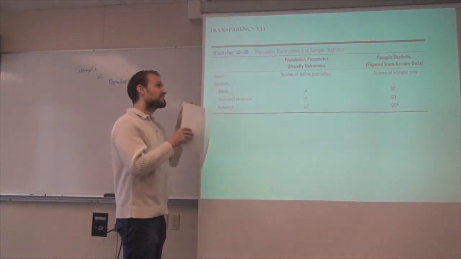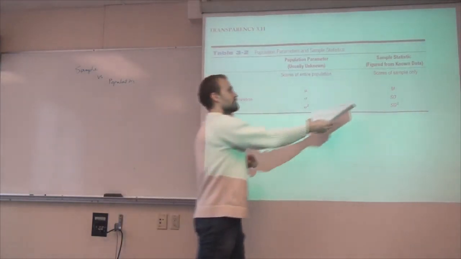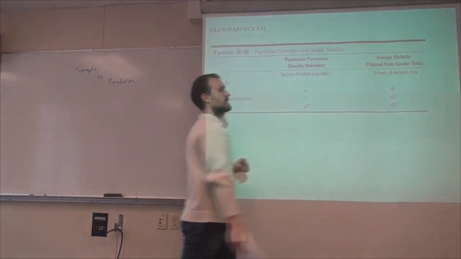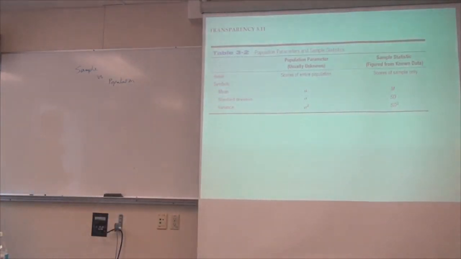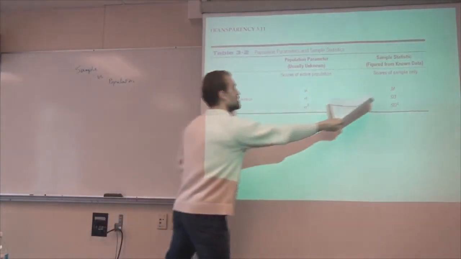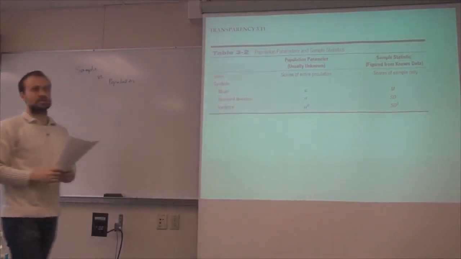When I look at a specific sample of people, the average value and the standard deviation might not be exactly the same. But I'm hoping that if it's a representative sample, these will approximate the actual population parameters.